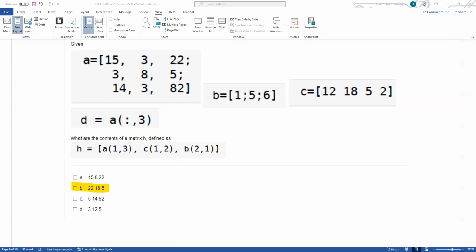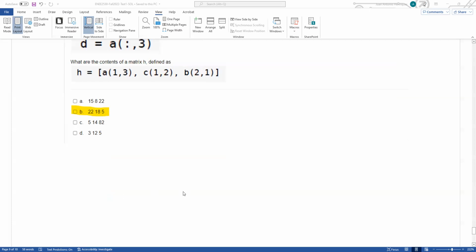So that will be our first element. So right here, that probably will give you the answer. Because that will be the first element, 22. C, and then you're gonna have element 1, 2 from C. So 1, 2 from C is 18. And element 2, 1 from B. So 2, 1 from B, this is a column vector, so 2, 1 is this one right here. Second row, first column. And so that's the answer.